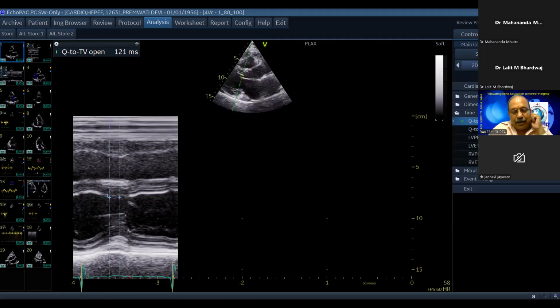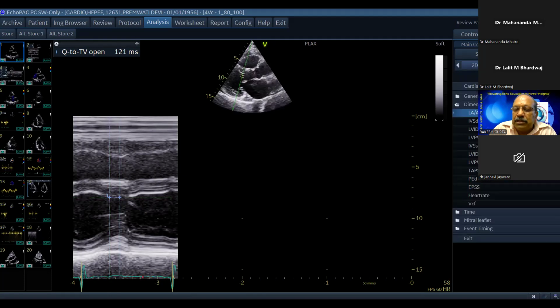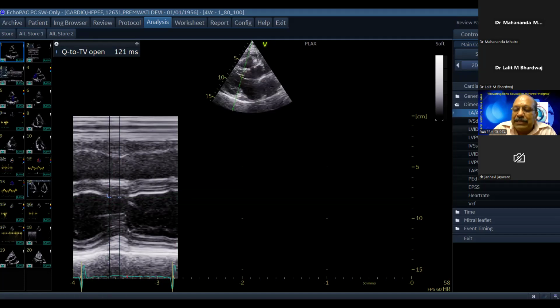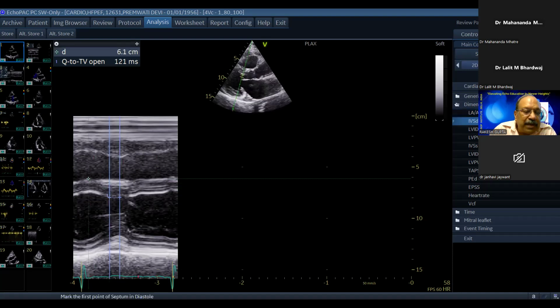Correct? Yes, sir. Your question is, if it's LBB, what happens? If I go to measurements and dimensions, suppose this is an LBB, the segment comes in, then goes out. So what we utilize in the segments is this: we start from diastole and look at this long green line going along with it. This will help you in understanding.